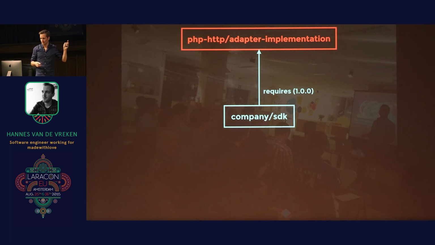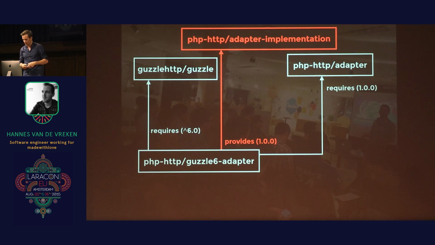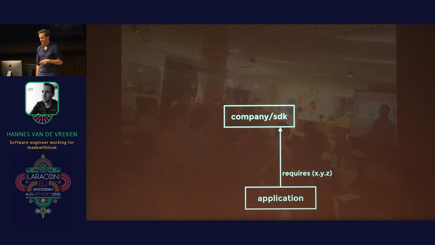You cannot install this. So there's a Guzzle 6 adapter, which provides this implementation. It also has a dependency on Guzzle, of course, and a dependency on PHP HTTP adapter, because that package includes the interface. So this adapter implementation implements this interface, so it needs to be autoloaded, so it needs a dependency.